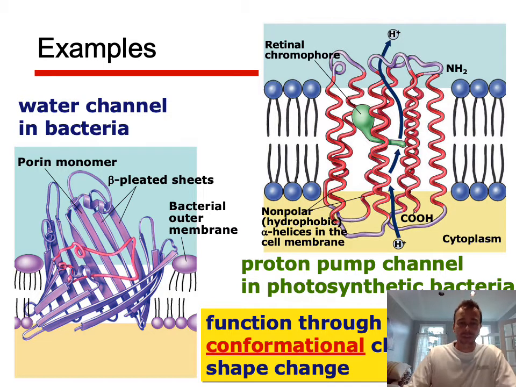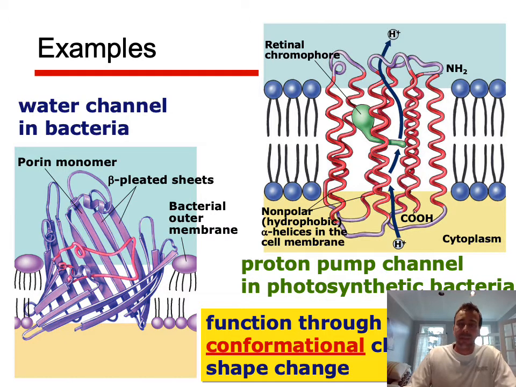As a couple of examples, a water channel in bacteria is shown by this pore here. This helps shuttle water in and out of bacterial cells. There are proton pumps, which we'll talk about. This one, for example, is in photosynthetic bacteria and can pump protons across a membrane.